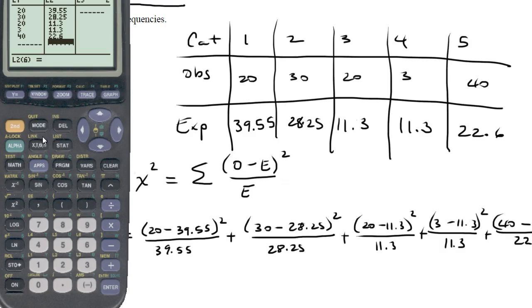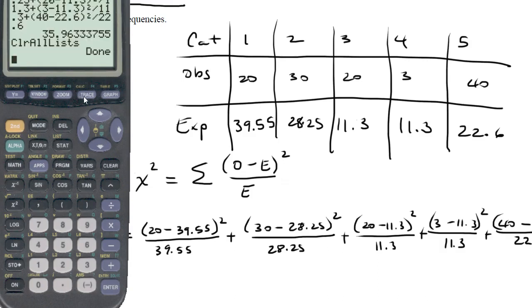Then I'm going to exit out of here, second quit. I'm not going to stat to calculate anything because I can't calculate this using that feature. What I will select is second and stat for the list feature, because we're working with our lists.